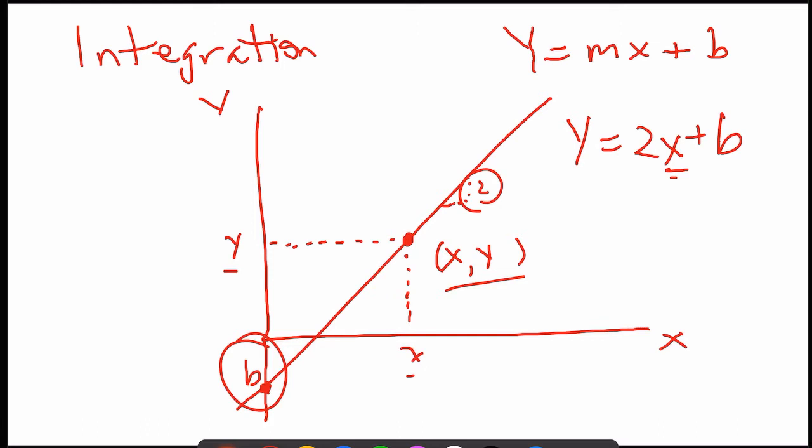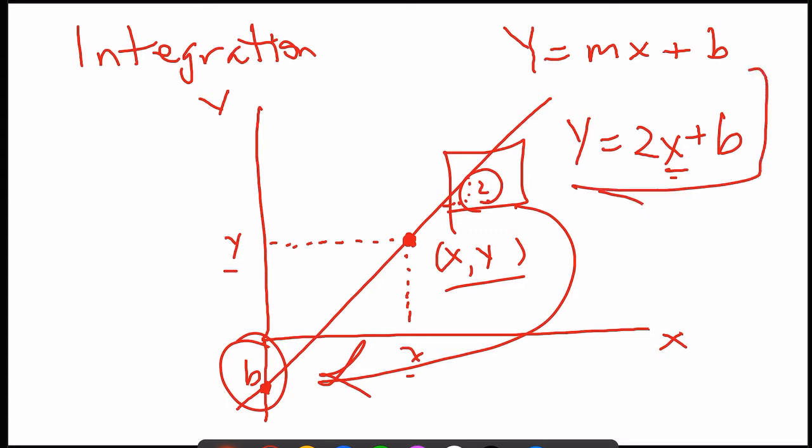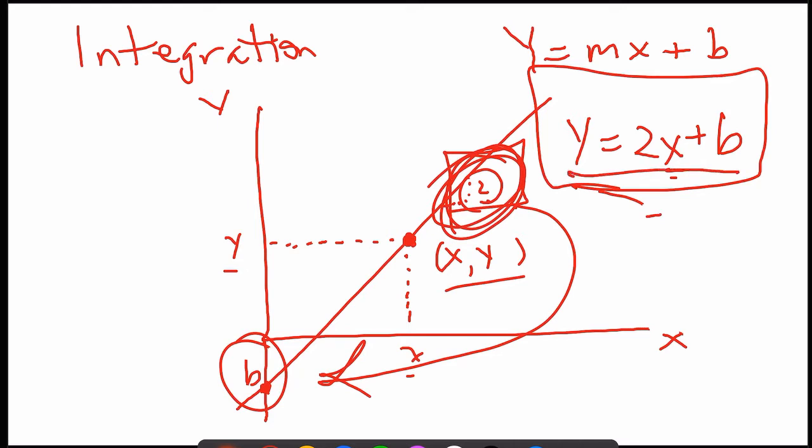Well, that's wrong. That's one way to find a straight line. Another way to find a straight line is to know one point and the slope. So if I know one point and the slope, I can work backwards and find out what the equation for the line is. I can take this number 2 and turn it into y = 2x + b.